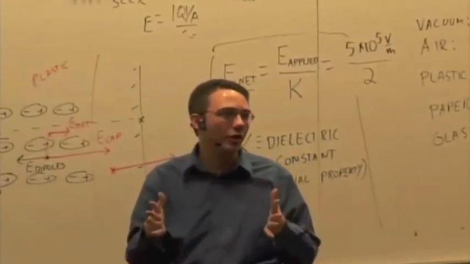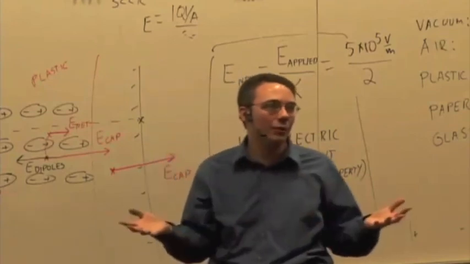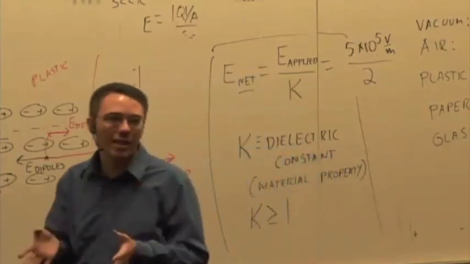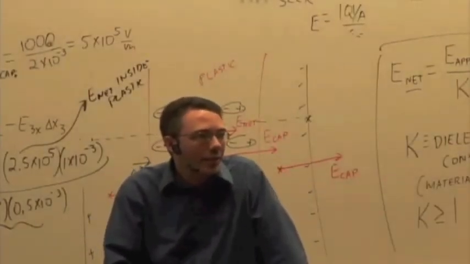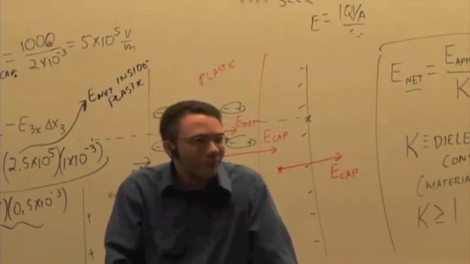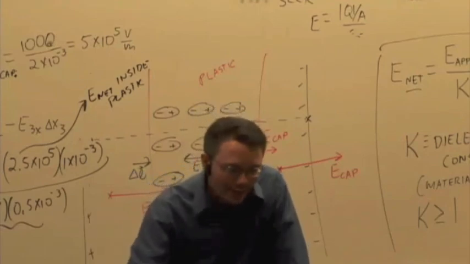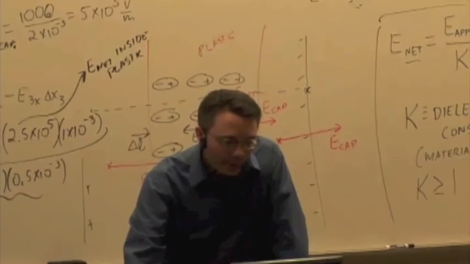You can add more charge to the plates if you put a dielectric in between them, and that's useful because we want capacitors to hold lots of charge on either side in order to get that energy back again if we want to then use it in a circuit or some other application. Okay, so we'll come back to this later in the semester, but it's important because it's actually used a lot in real life applications.